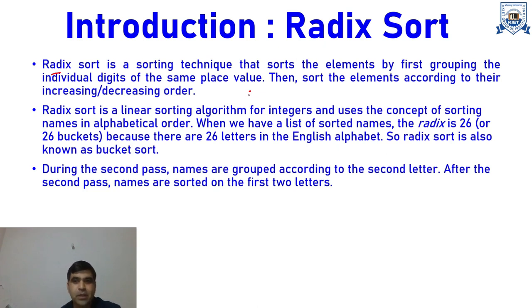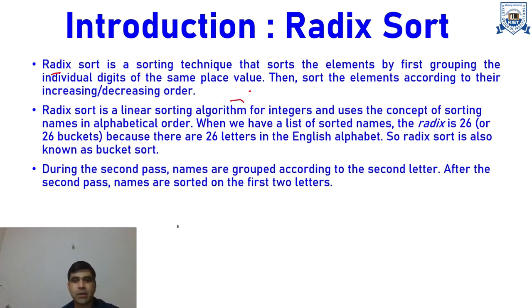Instead, just like we compare two strings, the same idea is used in Radix sort: sorting elements in increasing or decreasing order based on their place in the key. Radix sort is a linear sorting algorithm for integers and uses the concept of sorting names in alphabetical order.